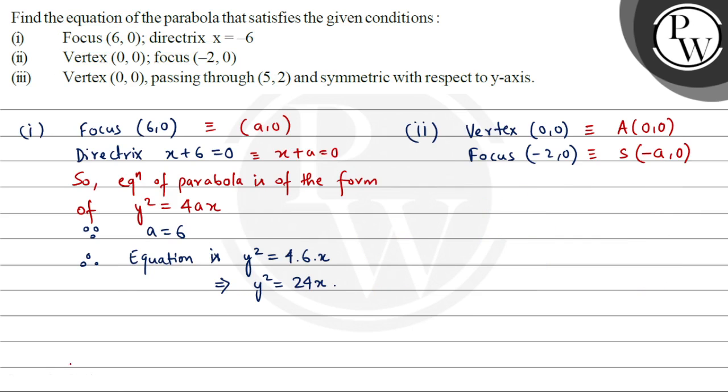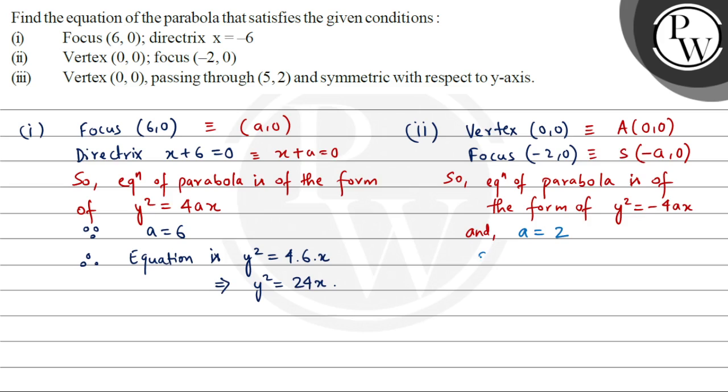Therefore the equation of the parabola is of the form y square equals minus 4ax, right? And we can clearly observe the value of a: because minus a equals minus 2, a equals 2.